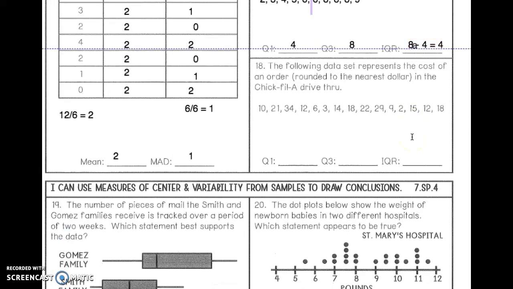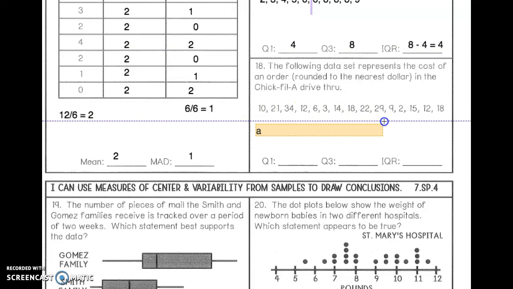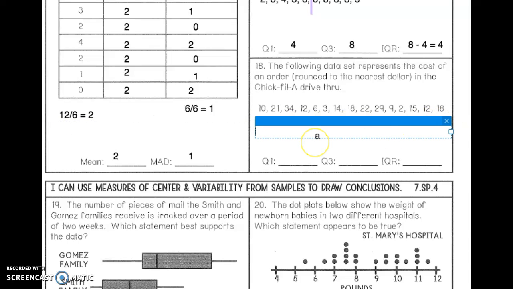All right, let's bump down to 18. We've got a few more numbers in 18. I think we have 15 numbers in 18, so let me order these. 2, 3, 6, 9, 10. We got 2 12s.